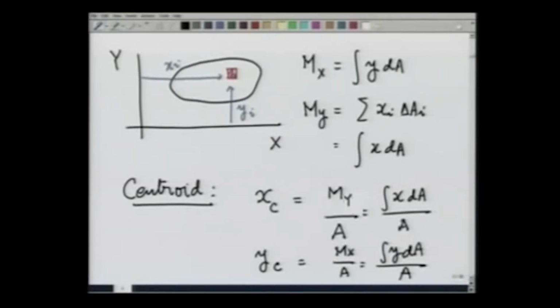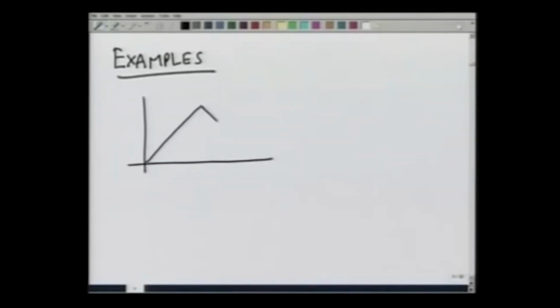Now, let us do certain examples using these definitions to calculate these quantities. As the first example, I take a triangle. One corner of this triangle is at the origin.